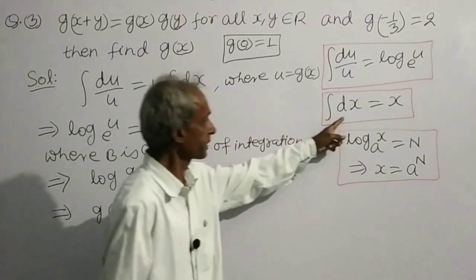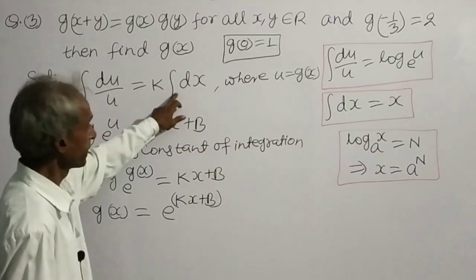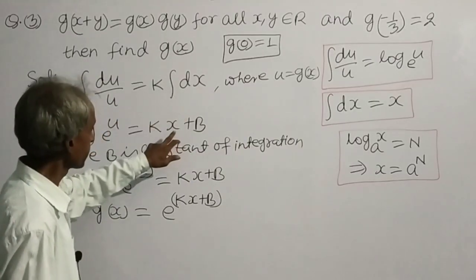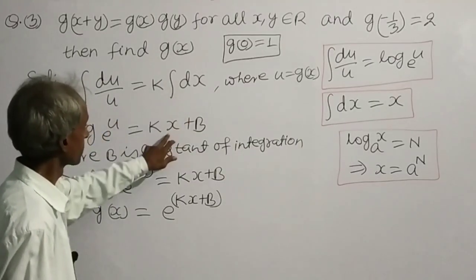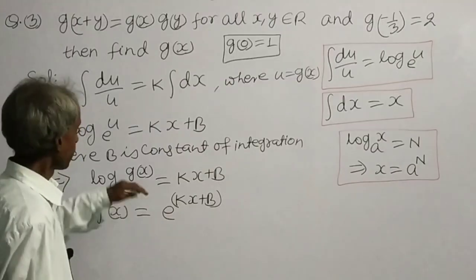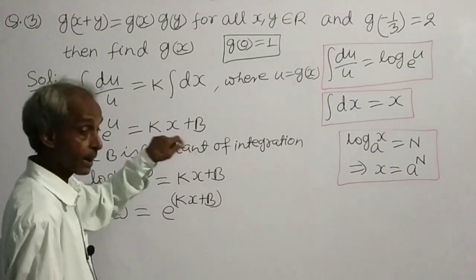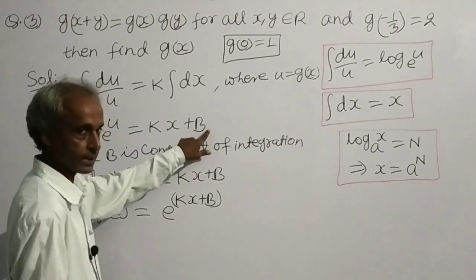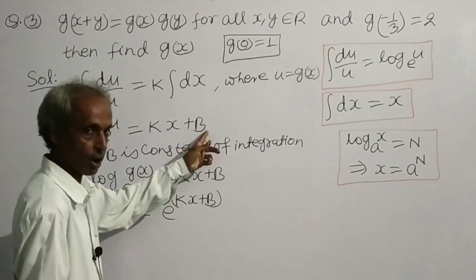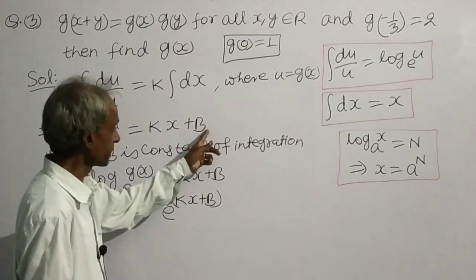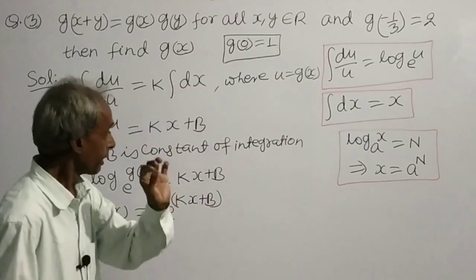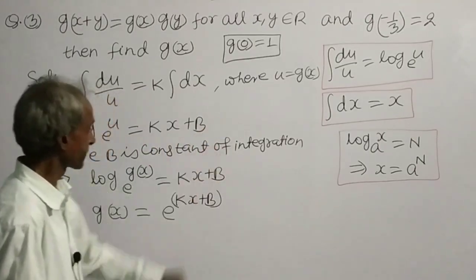By using this formula, we integrate this, and when we integrate, at the end we add an arbitrary constant, that means the constant of integration. This b is the constant of integration.